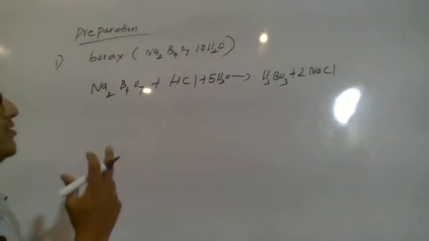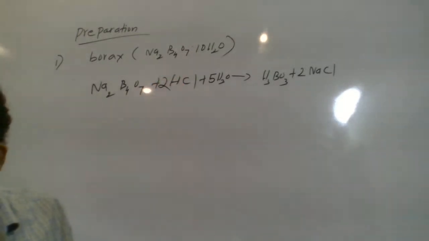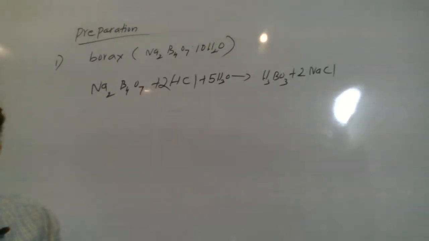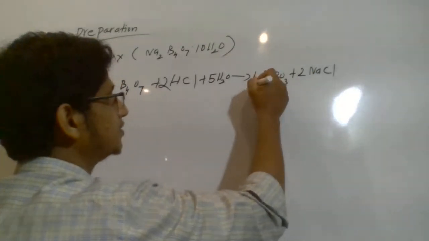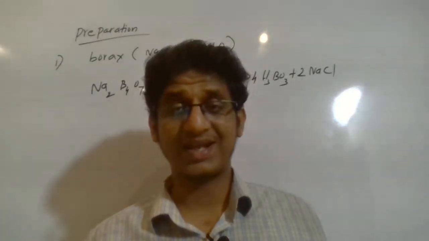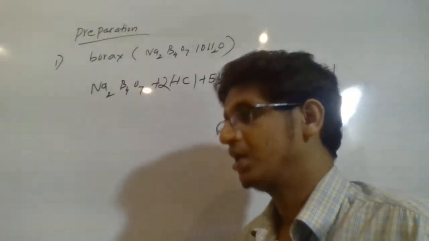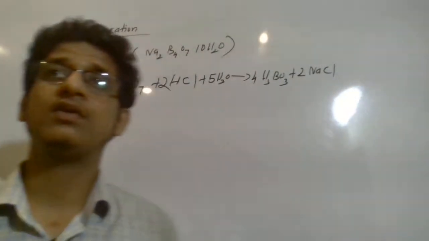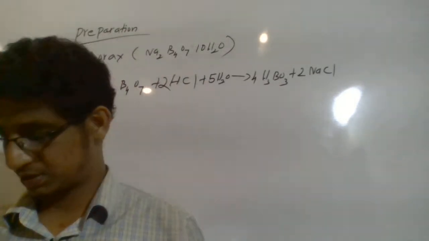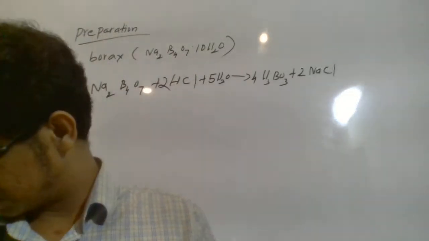If you consider the molar ratio, 2 moles of HCl will react and you get 2 moles of NaCl and 4 moles of H3BO3. So that's one method of preparation of orthoboric acid from borax.